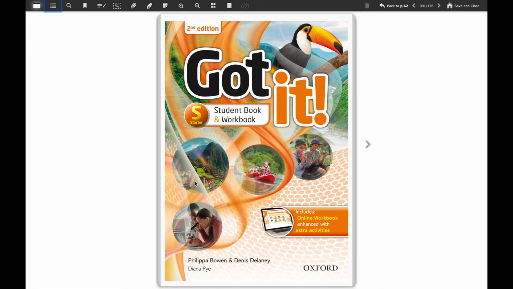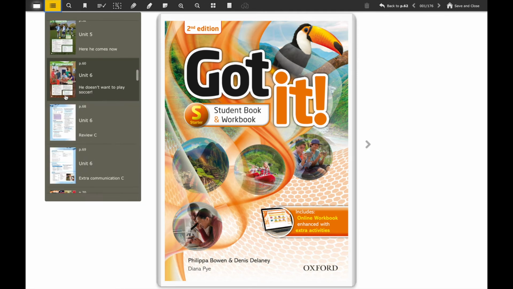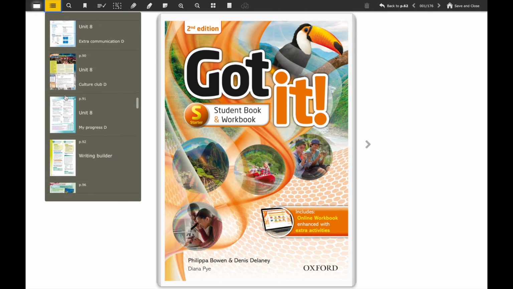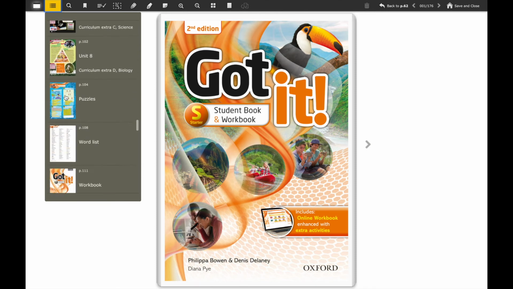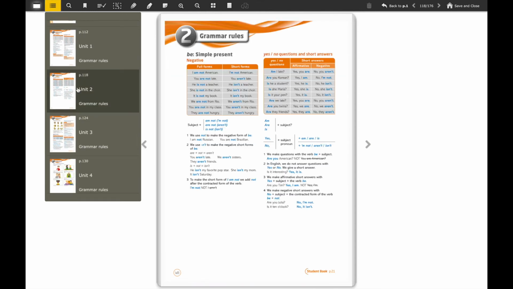Now that you already have here your English book, you're going to open it. At the end of this, we're going to work today with the workbook part. So, you're going to go here, Unit 2.